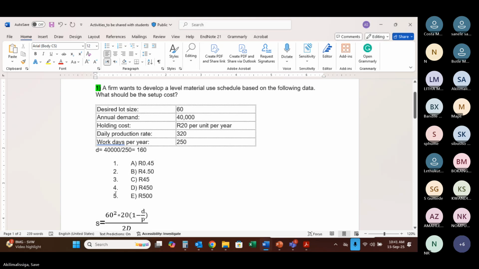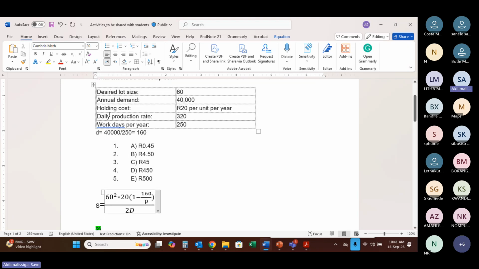Now, from the formula here, since that is the daily demand, I'll put here 160. And the daily production or production rate here is 320. You'll find that when you are doing these calculations, especially between the daily demand and the daily production rate, the production rate is always bigger than the daily demand.